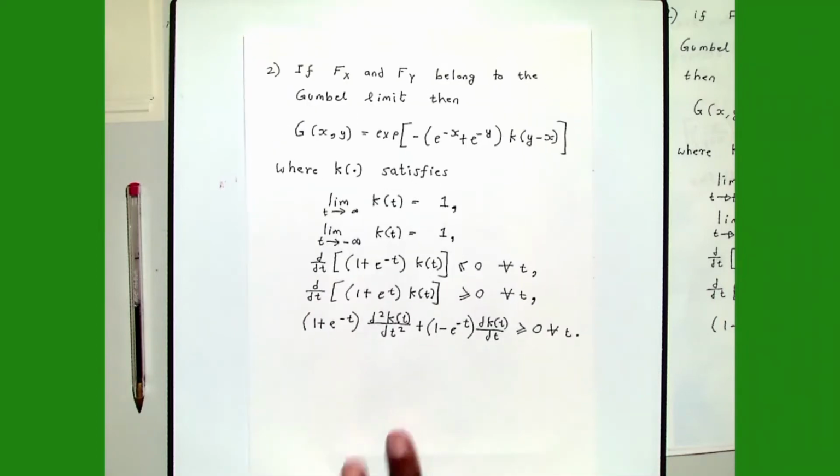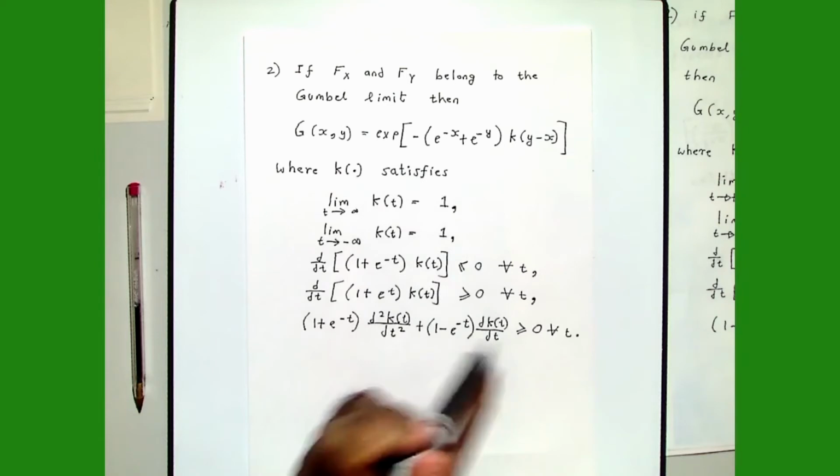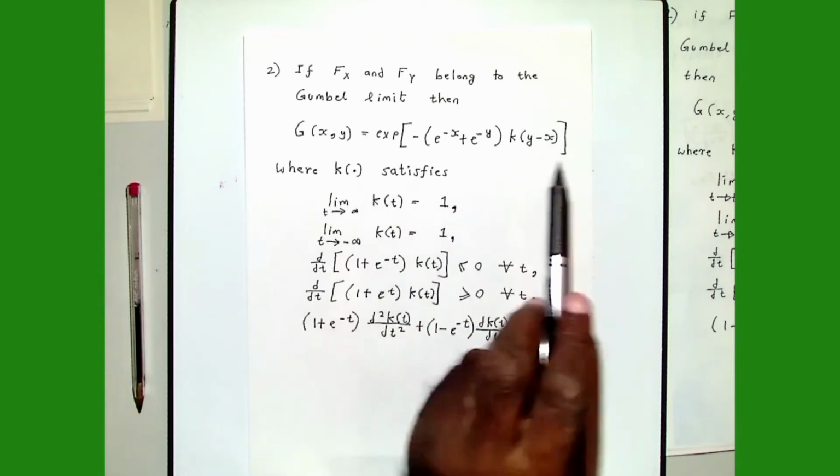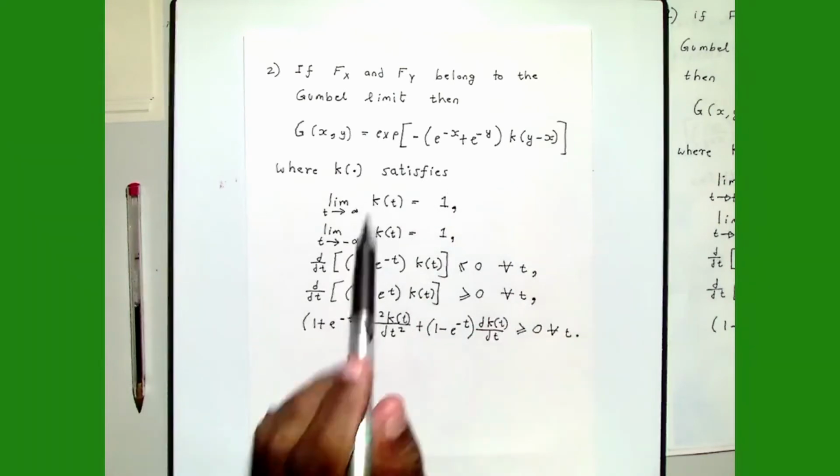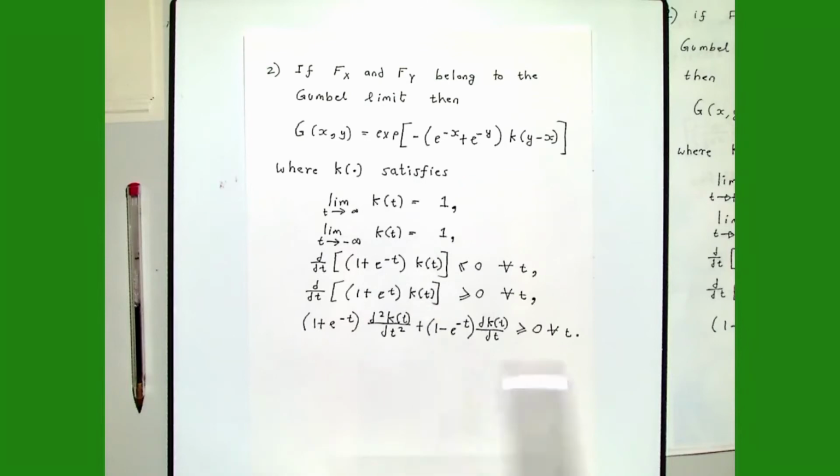So this representation is equivalent to the representation I gave you in the previous slide, right? But it takes a different form though. It involves this function K, which must satisfy these 5 conditions, right?